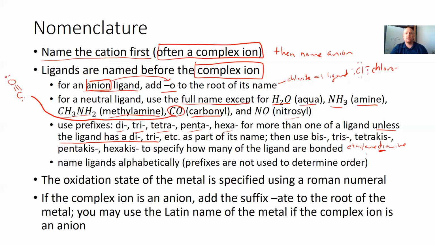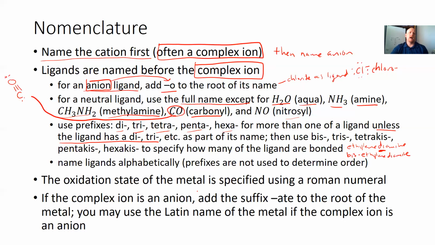And so in order to really explain the structure of this molecule, we're going to have to change the prefix. Instead of ethylene diamine, which would just be kind of confusing, it's actually going to be bis ethylene diamine, to have 2 ethylene diamines on something. So it'd be bis ethylene diamine.